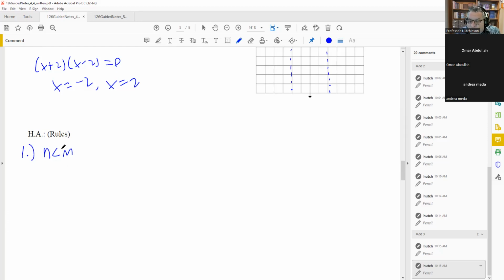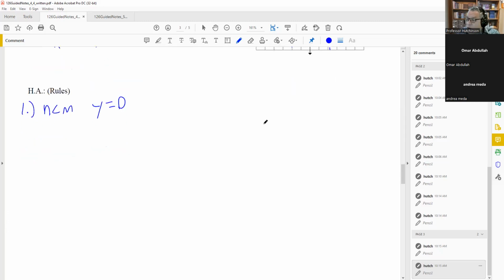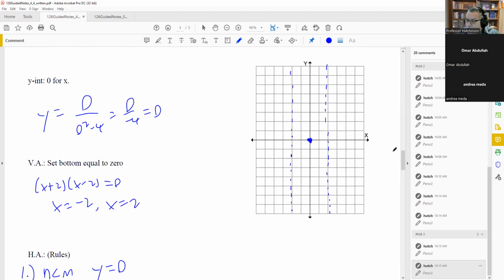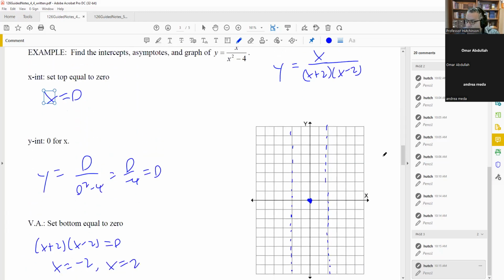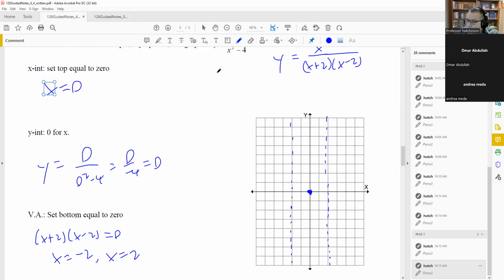So N is less than M. Okay, when that happens, automatically y equals 0. So I know that the horizontal asymptote for this is y equals 0 because we use rule number 1. Okay, so right along here, I'll just put a dotted line across this. So now we've got the graph all set up. Okay, so unfortunately, this graph does not give us enough information.